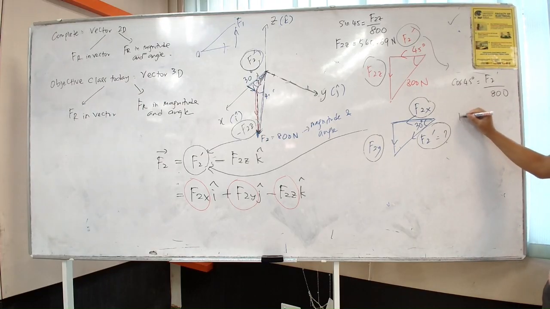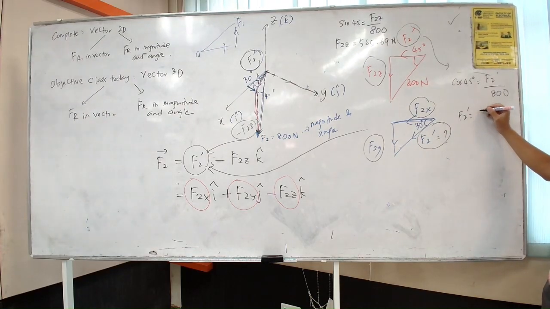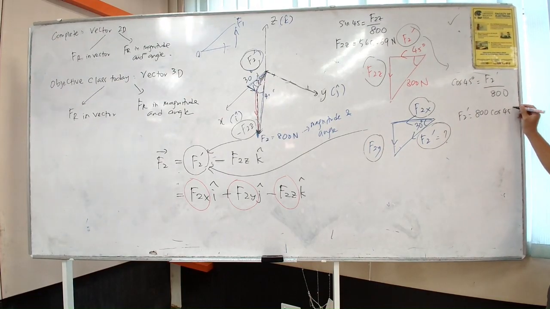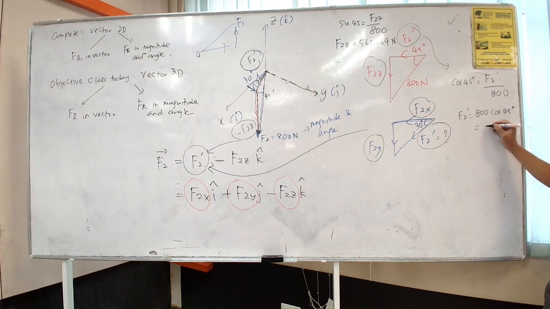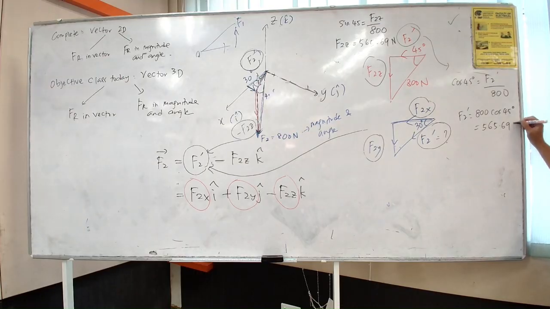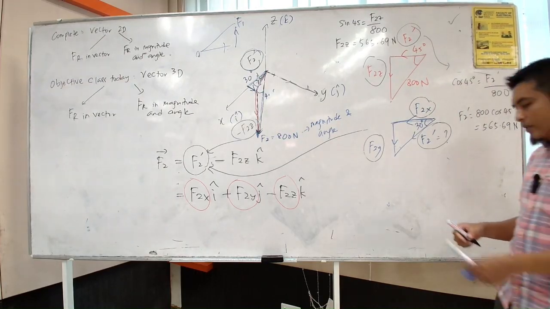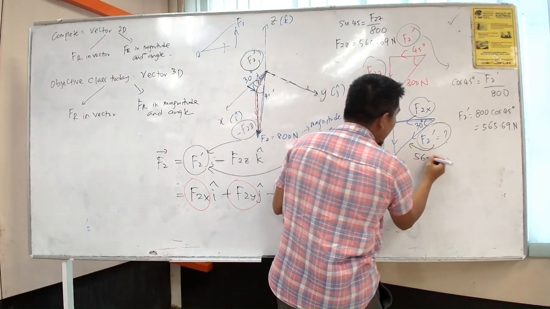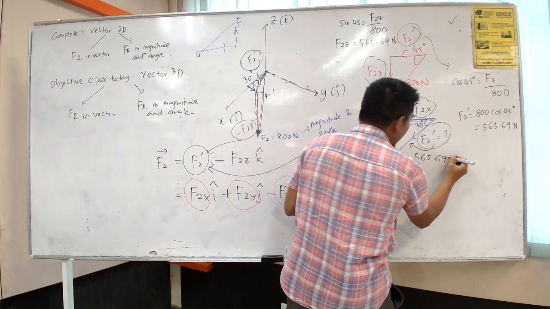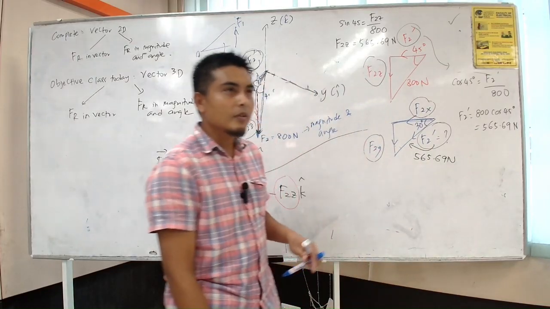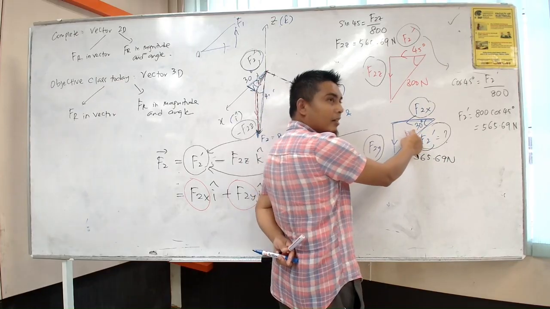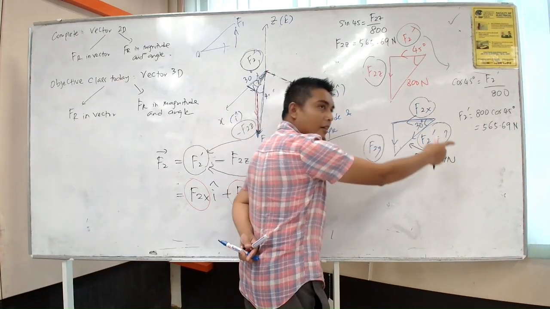So the F2 prime will be 800 cos 45. The answer is the same. 565.69 Newton. So it means that the value here is 565.69 Newton. So you already know the magnitude, you already know the angle. Can you calculate F2y and F2x?